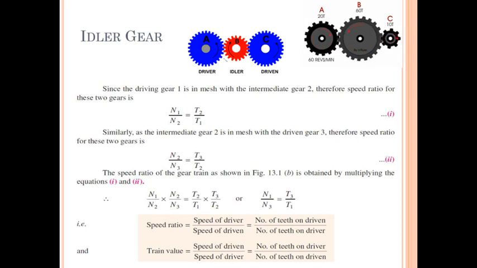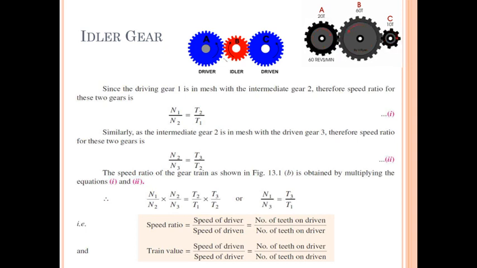Now it may be noted that when the number of intermediate gears is odd, the motion of both the gears, that is driver and driven, is the same. Consider an example as shown in this diagram. Gear A and gear C are the input and output gears.